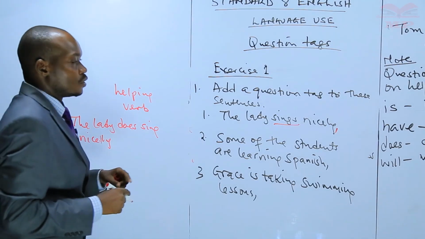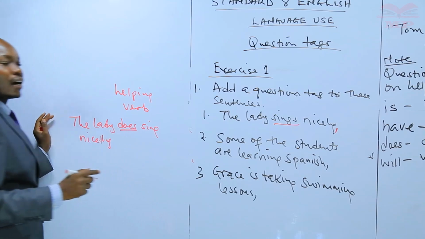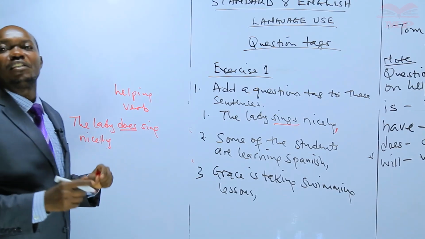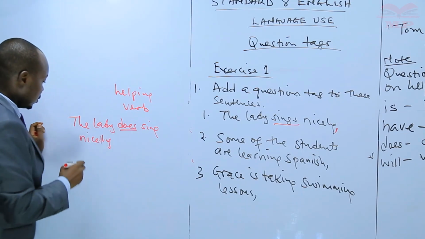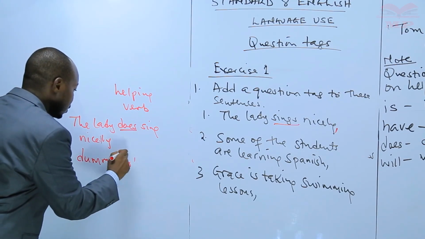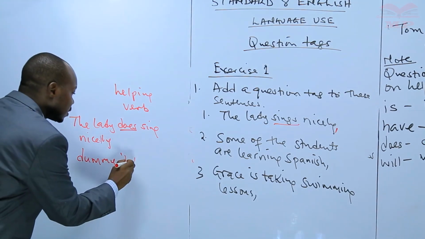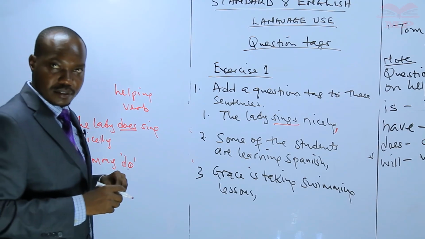The lady does sing nicely. Okay? So here, the helping verb is does. Actually, this verb is there, but it's not indicated. It's called the dummy do. It means the verb is there, but not indicated.